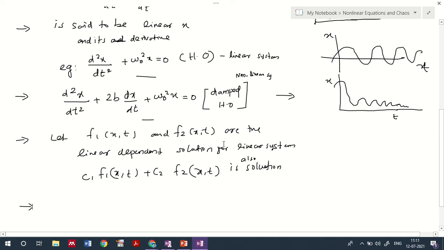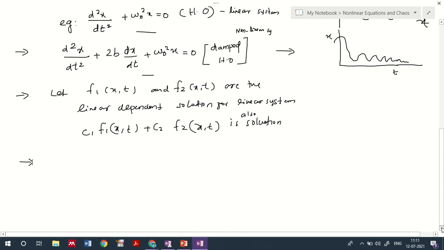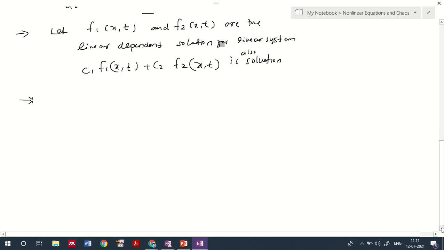Now if you define a nonlinear system, as I said, the nonlinearity can be in two ways. One depends upon the variable.